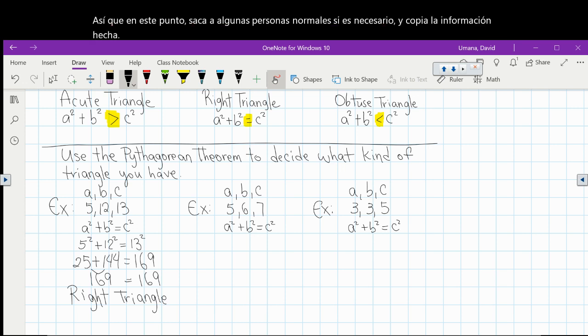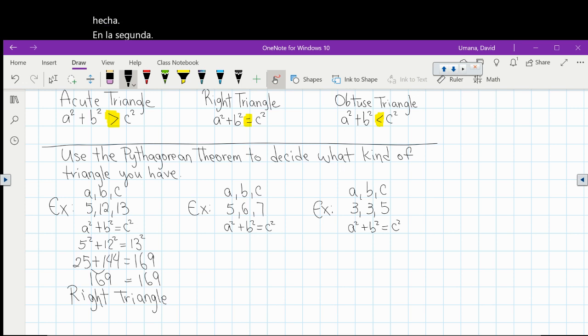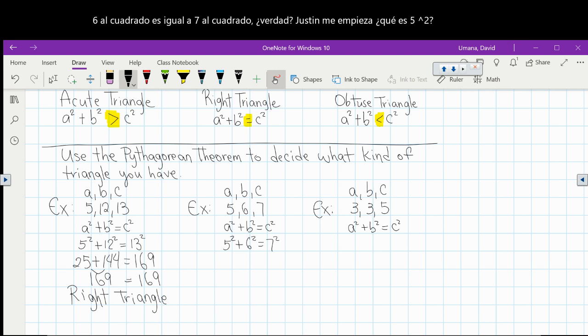On the second one, I end up with 5 squared plus 6 squared is equal to 7 squared. All right, Justin, start me off. What is 5 squared? Basically 5 times 5. Thank you, sir. So I have 25.